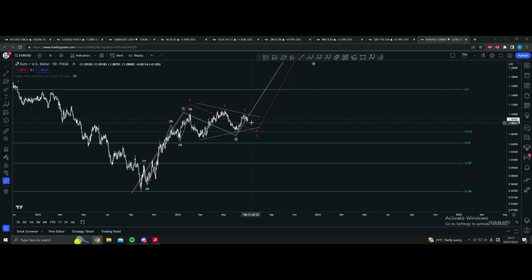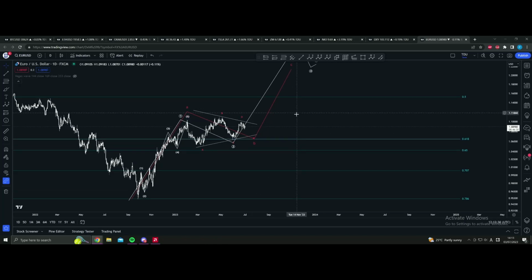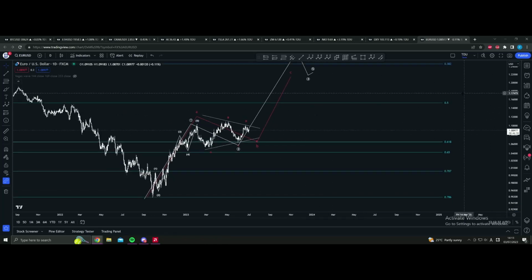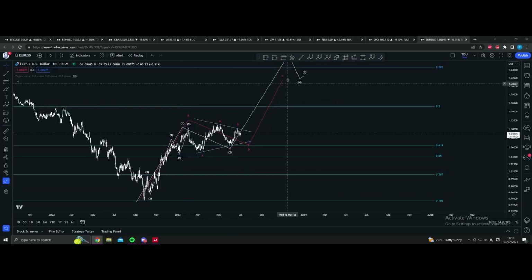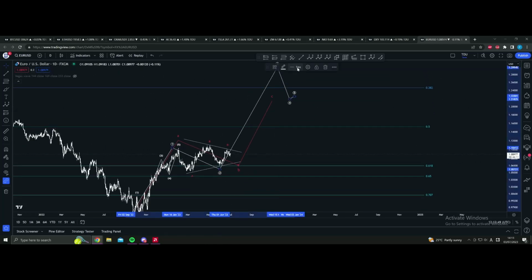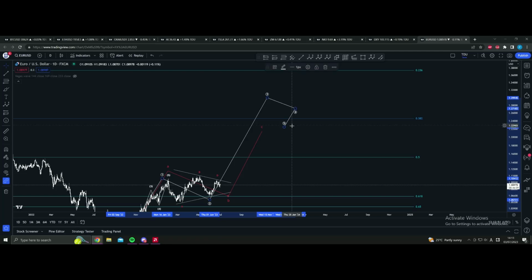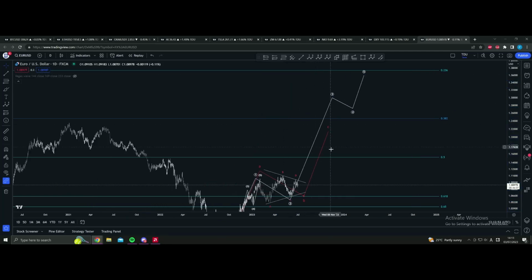Or we just have another roll to the E, and then we also would have to call for euro to be a zigzag structure. If not, if this doesn't stay as a triangle, then you can have your wave 1 and then a flat for your wave 2, and off we go with the 1, 2, 3 for the wave 3, and then 4 and 5.